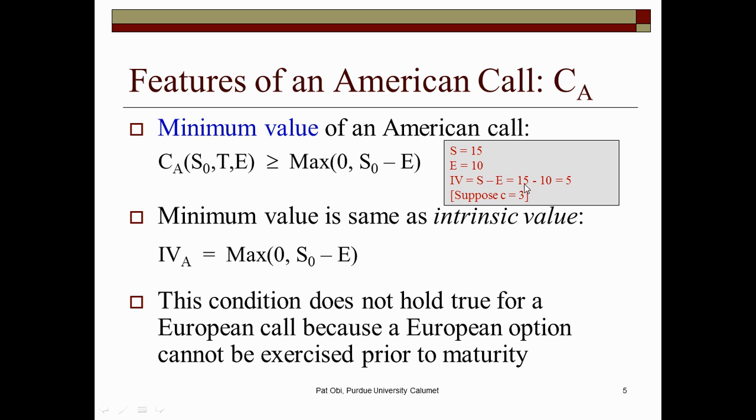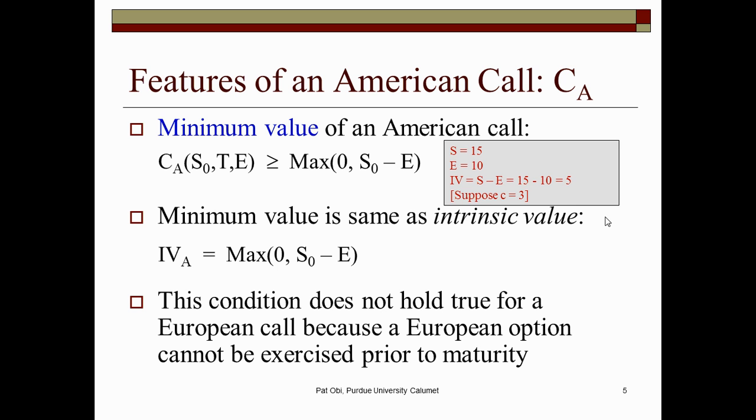And of course you see here, by exercising you will get $5, and the $5 which you get upon exercise minus the 3 you pay to purchase it still leaves you with a sweet little $2 a pop.